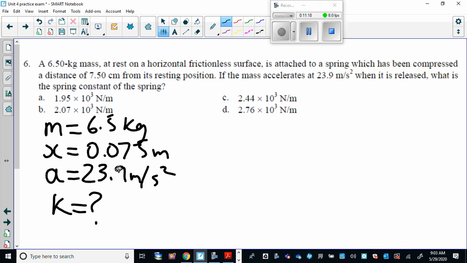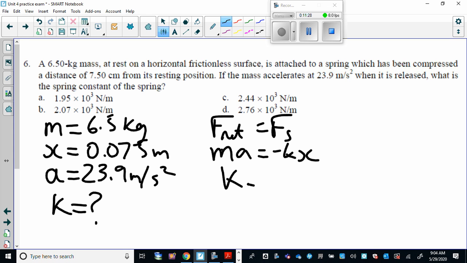So without going into all the details, it's just going to be the same thing. ma equals kx. Plug in the numbers, get your answer. That answer turns out to be B, 2.07 times 10 to the 3.